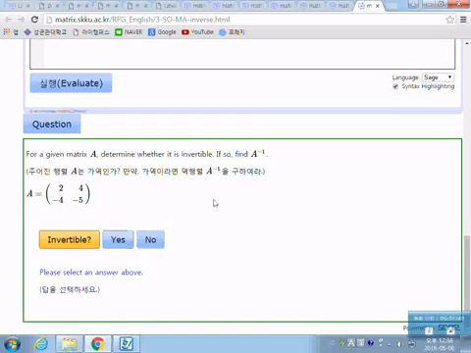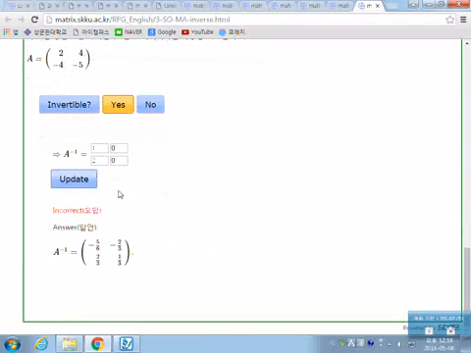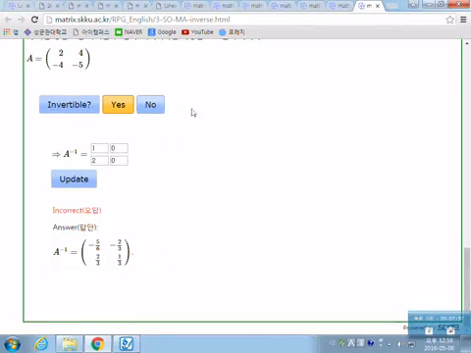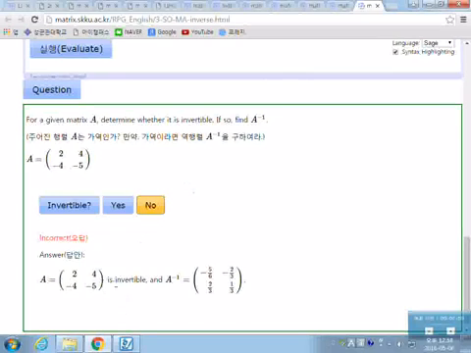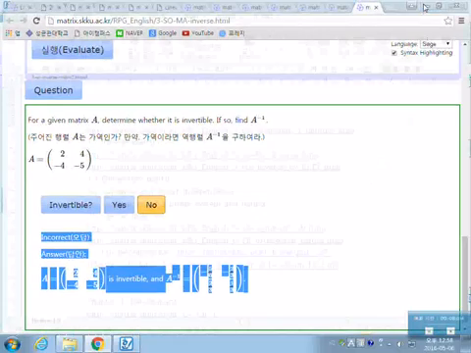If we choose yes, what are the exact values? For example, we put it like this way, then we are wrong, and this is the right answer. If we choose no, then also the answer is wrong, and the right answer is given below.